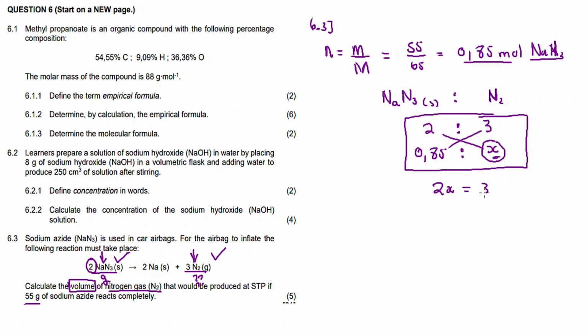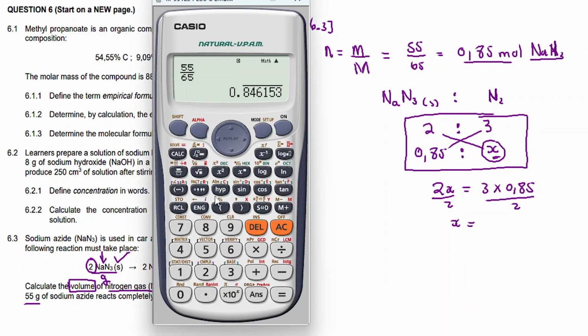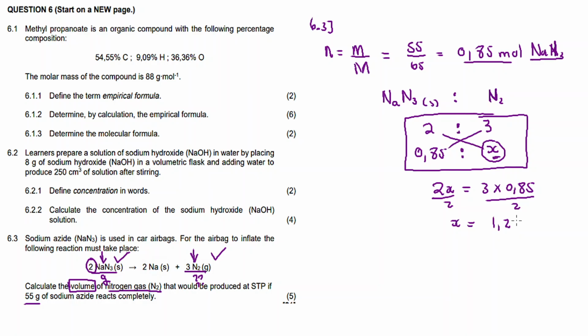2x equal to 3 times 0.85, divide both sides by 2. X is equal to 3 multiplied by 0.85 divided by 2. Answer is 1.275. These are the number of moles of nitrogen gas that will be produced.